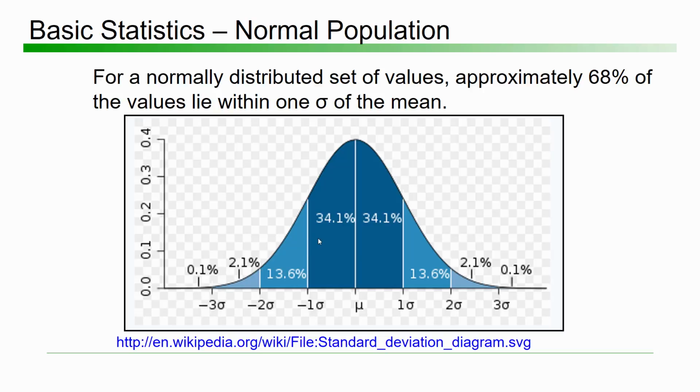How close together that grouping is described by the standard deviation. The standard deviation is sigma, and it shows you that within one standard deviation of the average, there should be 34% of the people on one side and 34% on the other.